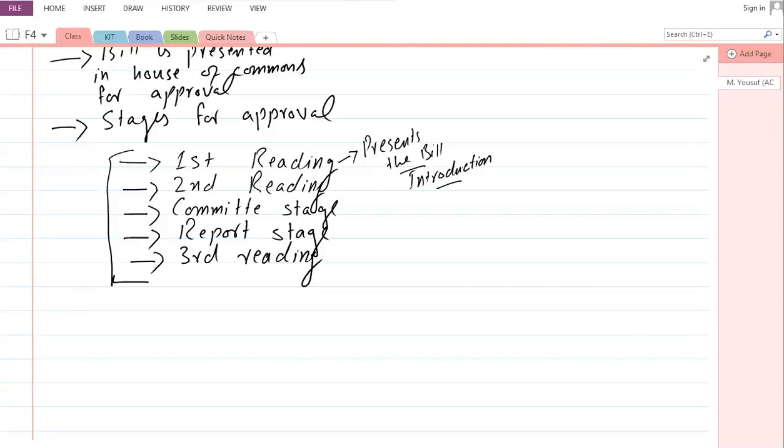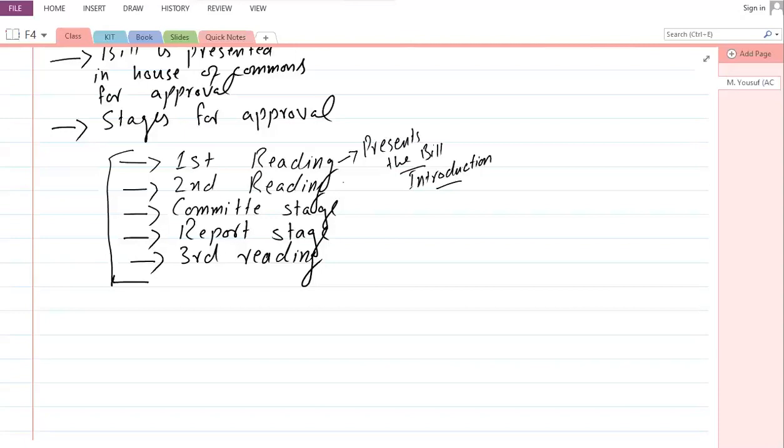He will tell the main purpose, why that bill is prepared, what the consequences are, what advantages a company can gain, and what penalties can be imposed. So this will be a brief introduction for the members of House of Commons, and after that the meeting will be adjourned, and after some days, the second reading will start.